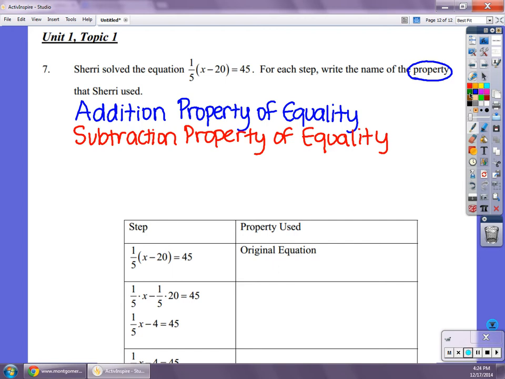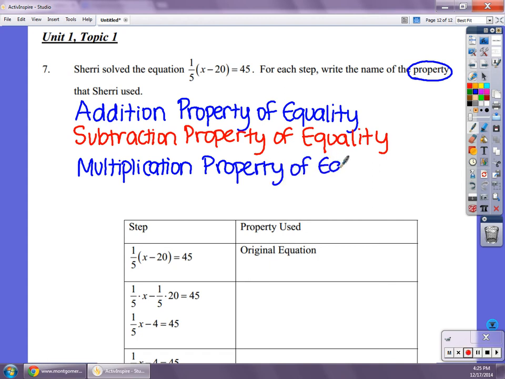Our other pair that we're going to have is our multiplication property of equality. And that's joined by its pair, its friend, the division property.